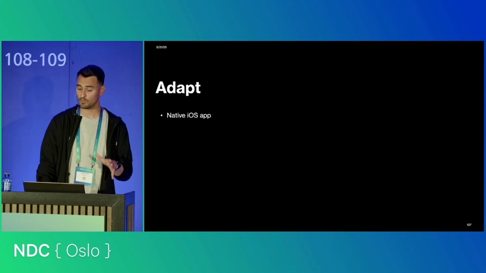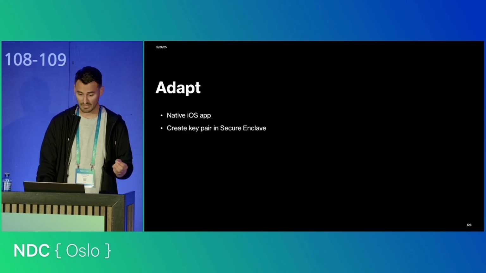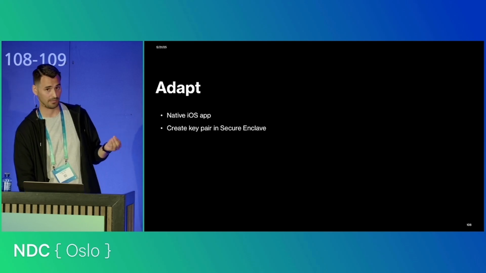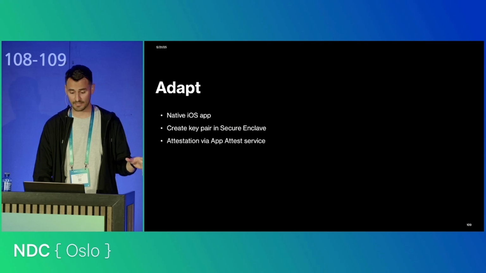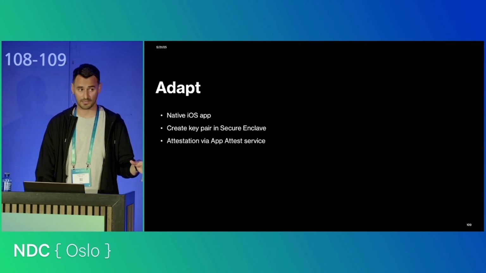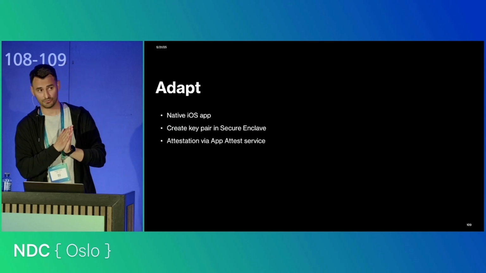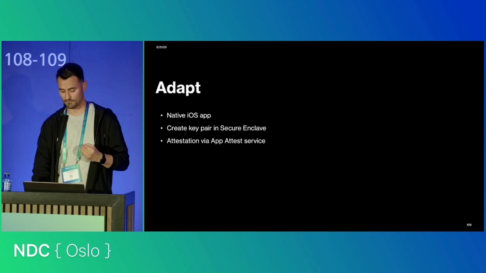And in this app, we can natively create a new key pair in secure enclave, protecting it with biometrics. And we can actually get attestations for this key pair via the Apple App-Attest service. So now we have, again, an attested key pair, but it's only accessible from inside the native app. So whenever we want to use the key pair, we need to bring the user into the app.